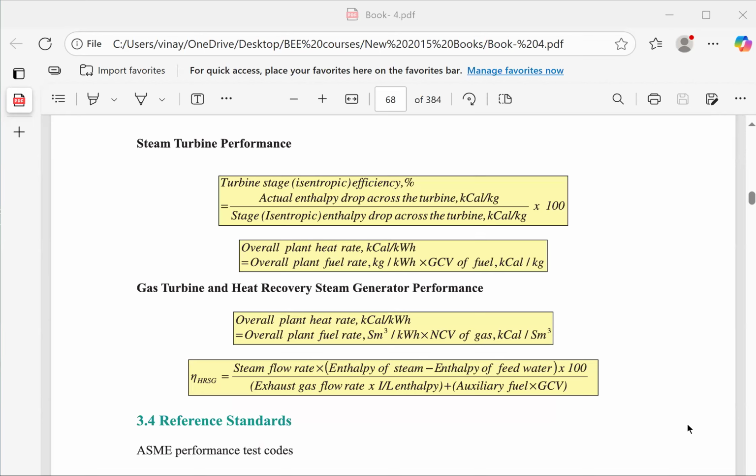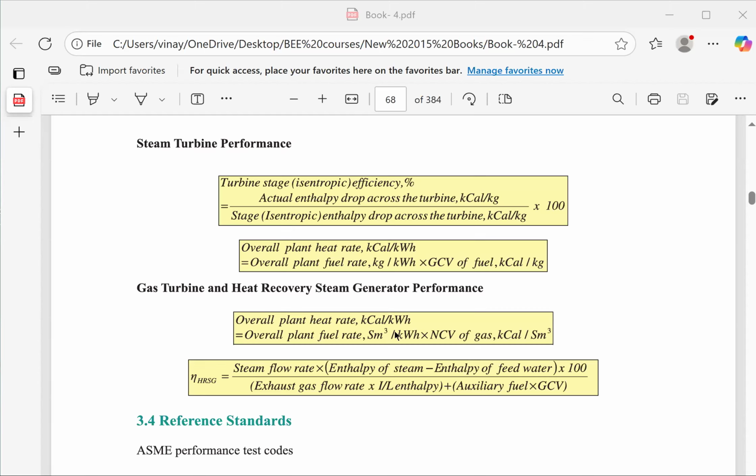Then, in case of a gas turbine with a heat recovery steam generator, that means it is a double cycle, right? Binary cycle. First cycle, the fuel going into the gas turbine, gas is burned, hot gases go to the heat recovery steam generator, and steam is generated. So how will you calculate the overall?